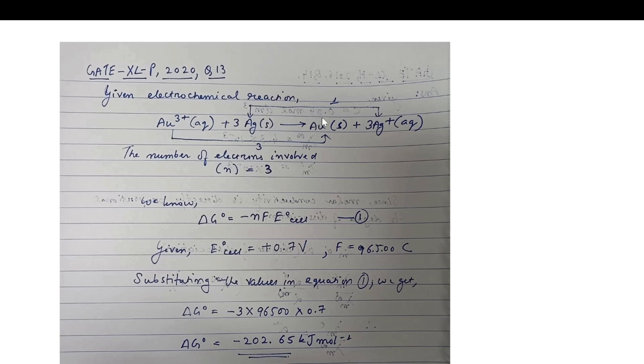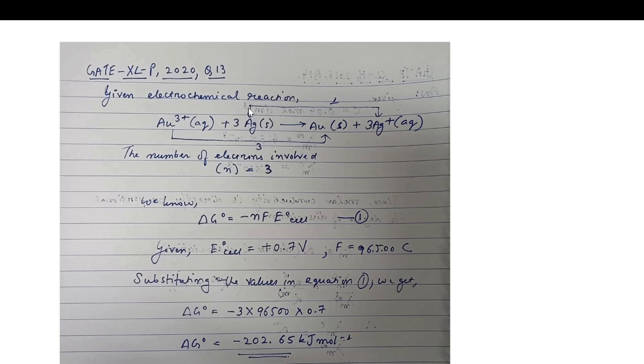The difference between them is 3 or minus 3: if you take the difference from the reactant to the product it will be minus 3, and if it is reversed then it will be plus 3. What it means is that the charge is getting reduced here, meaning the Au3 plus is actually getting reduced, whereas the 3Ag is getting oxidized.